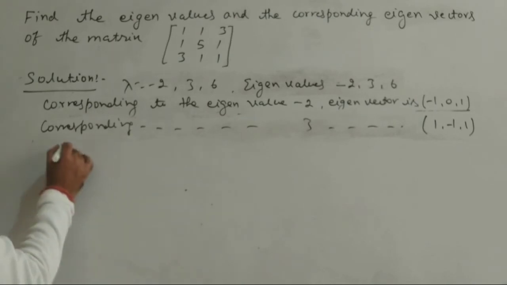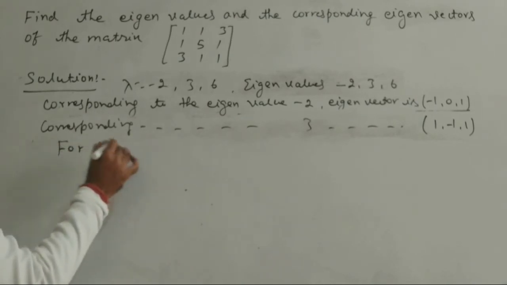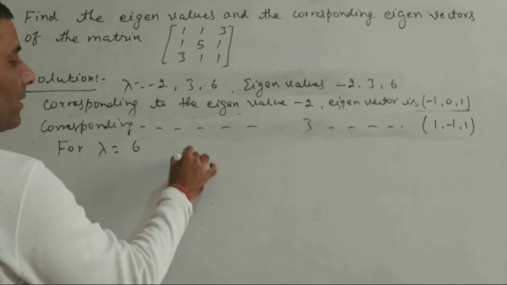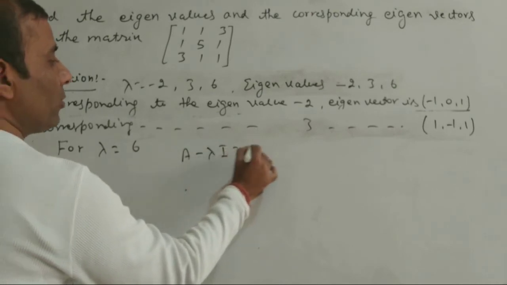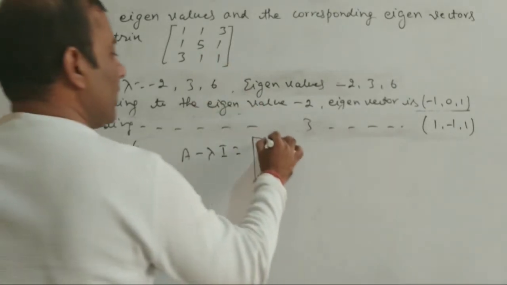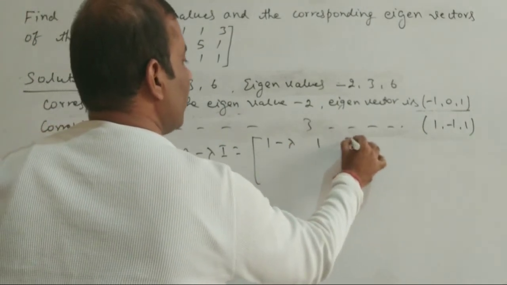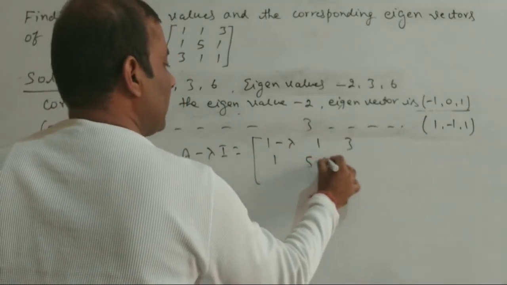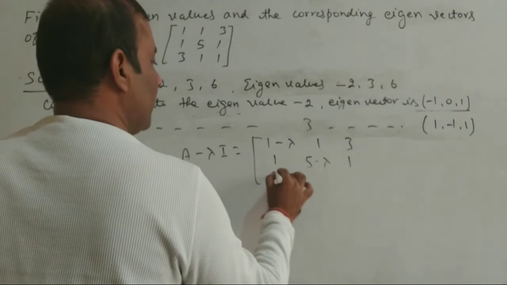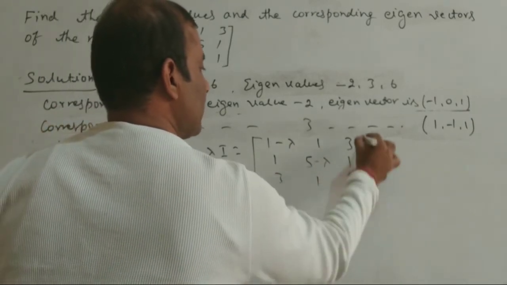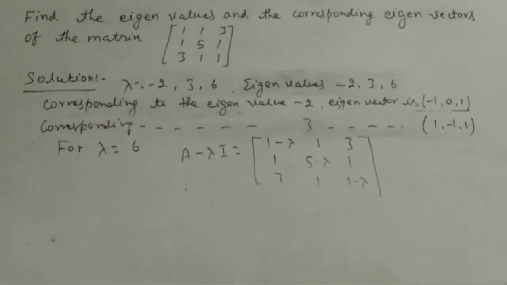Now for lambda equals 6, A minus lambda into I equals 1 minus lambda 1 3, 1 5 minus lambda 1, and 3 1 1 minus lambda.